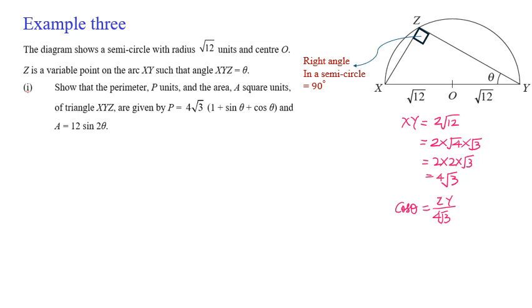From there, I can use the trigo ratio to find ZY, and I can also use the sine ratio to find XZ. Remember, we are finding the perimeter, so you have to find XZ and ZY, add them together and plus XY, to give you the perimeter of your triangle.